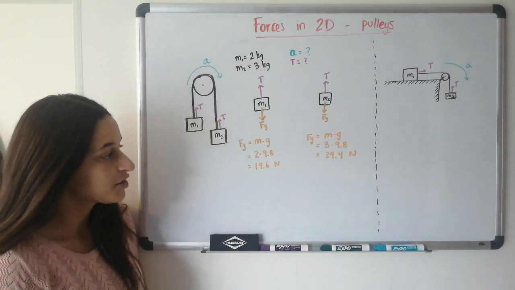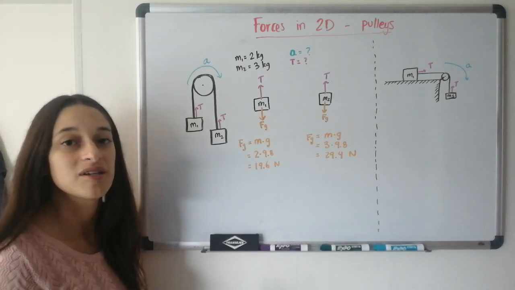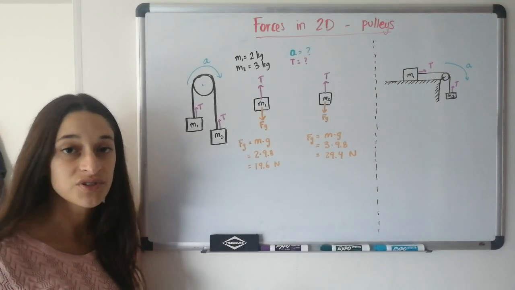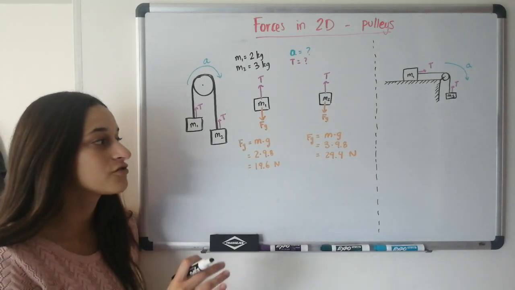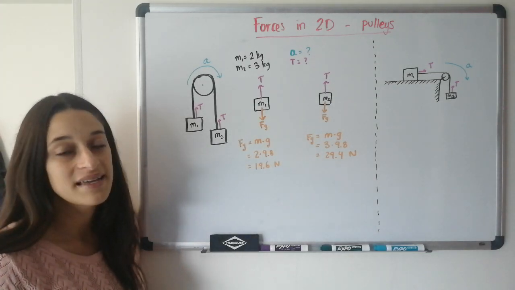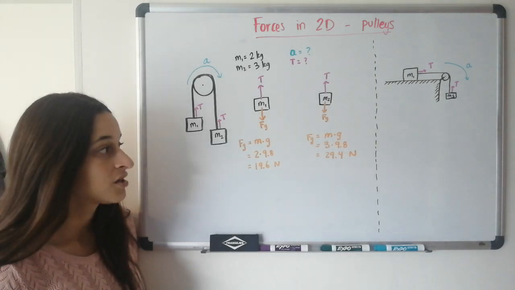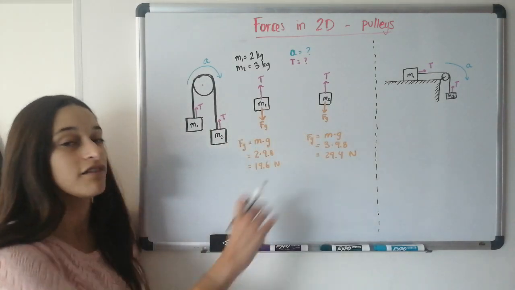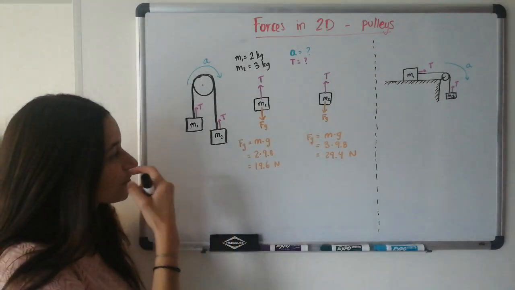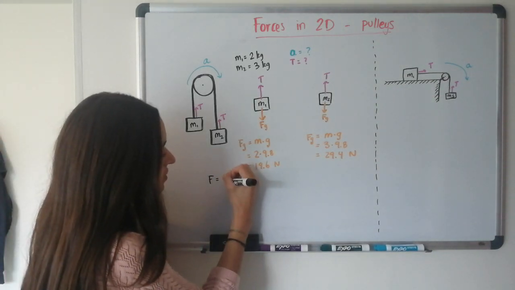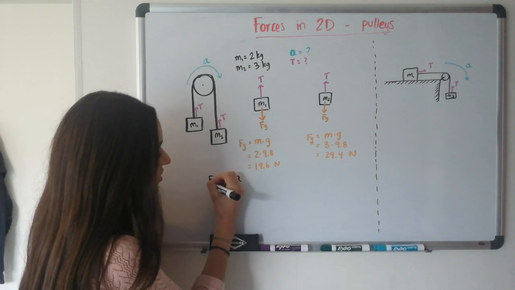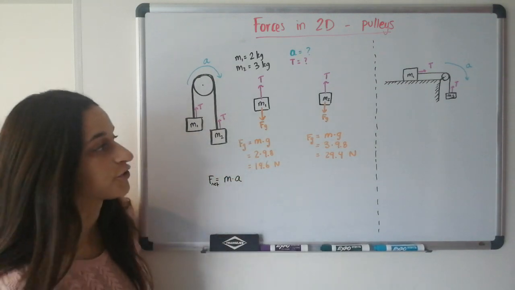So like in the previous class, the next step is to write an equation, Newton's second law. So force equals mass times acceleration, and we add all the forces and equal them to mass times acceleration. Again, we have two objects, so we have to do that twice. We start with the first one. Force equals mass times acceleration, and here we're talking about net force.